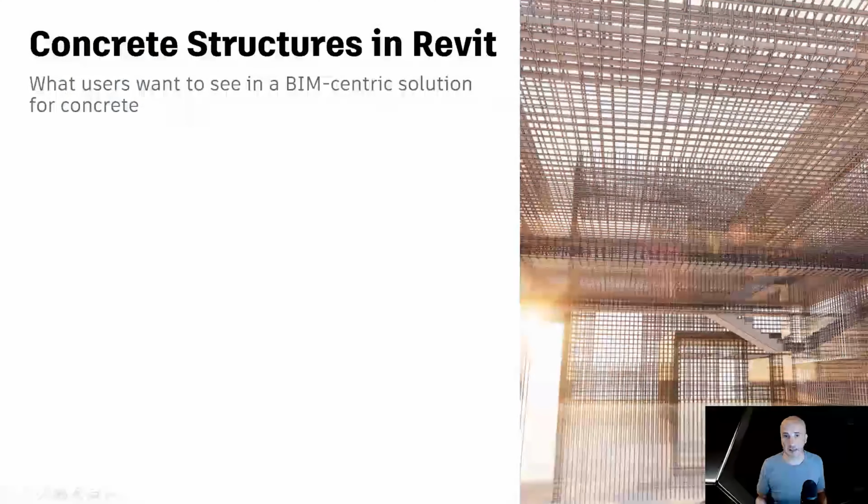Building information modeling, BIM, is a critical part of how structural systems are designed and built today, but the reinforced concrete industry has been lagging behind structural steel when it comes to its adoption of BIM.